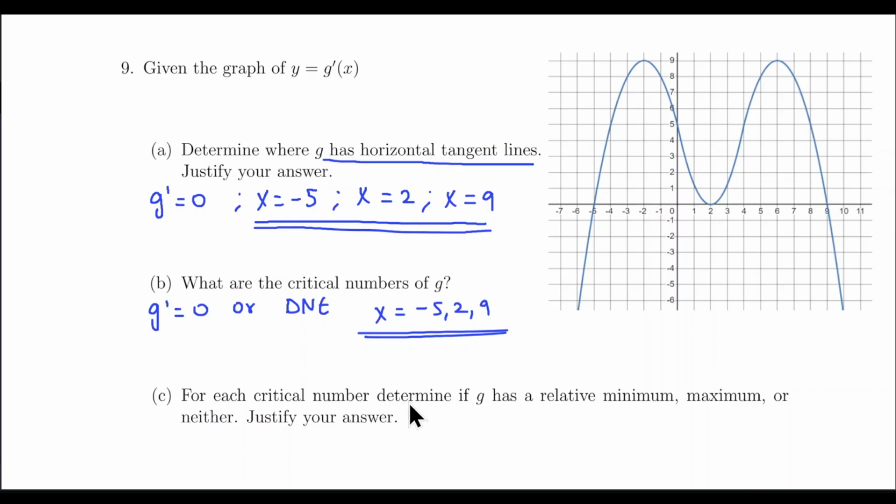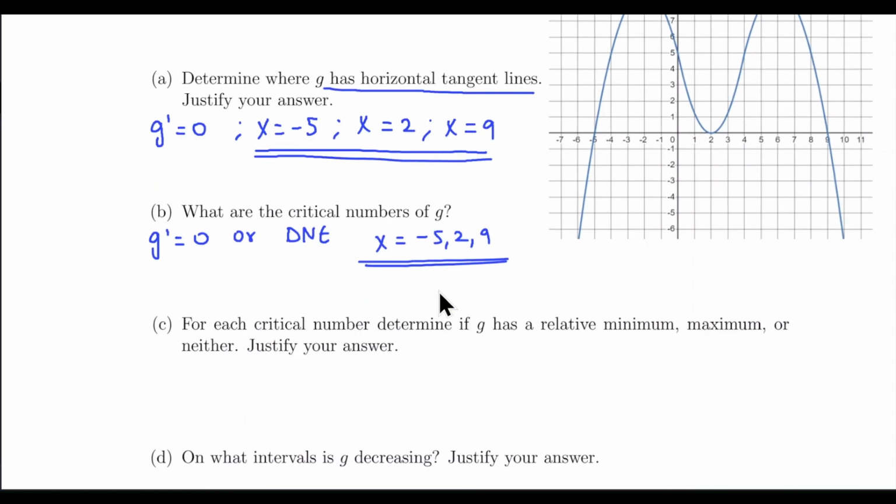For each critical number, determine if g has a relative min, max, or neither. And that depends on the sign change, guys, as we already know. I can make a number line here: -5, 2, and 9. We don't even have to plug in the numbers. We just have to look at the graph. At -5, it is changing from negative to positive because it is below the x-axis and then above the x-axis.